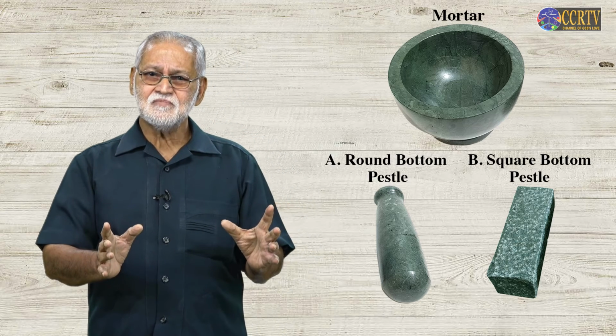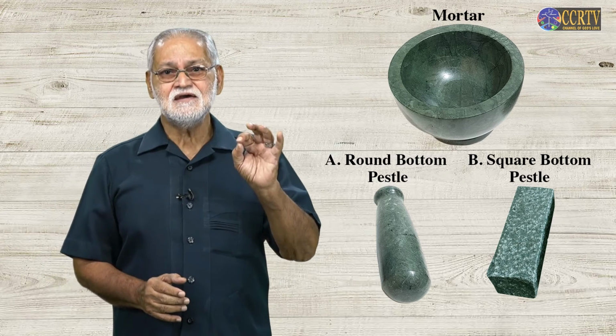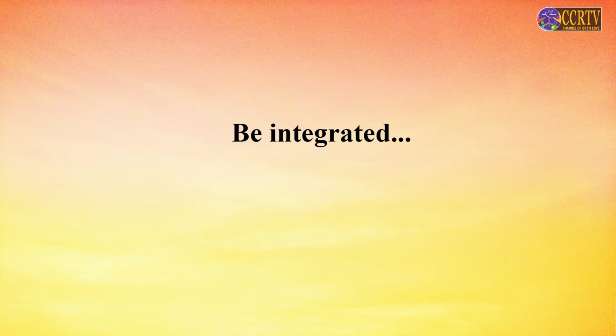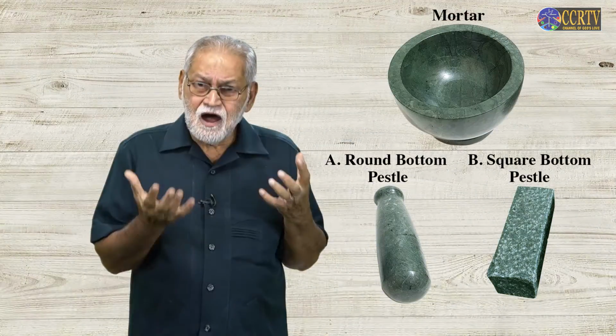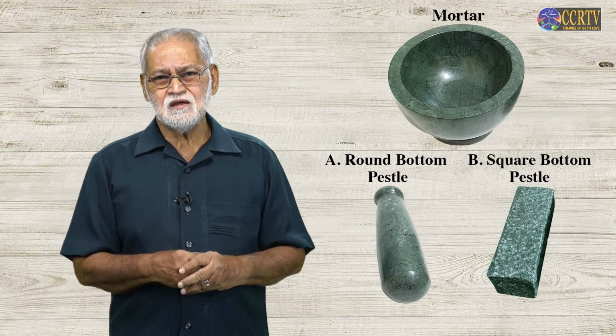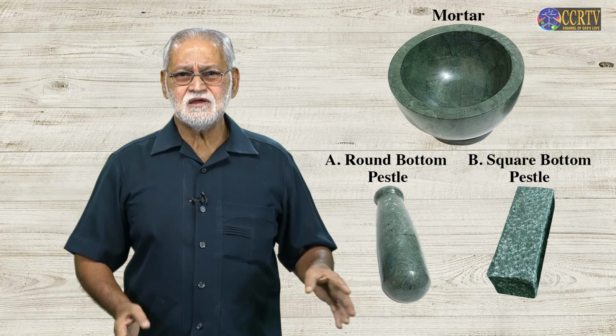All said and done, if one is a square peg in a round hole, be an integrated one by acknowledging that you may be a square peg in a round hole. Don't resist that knowledge.